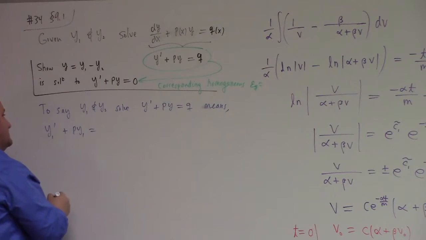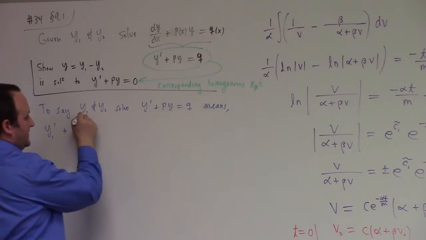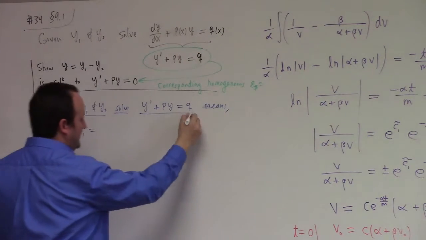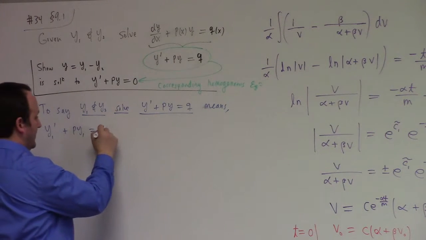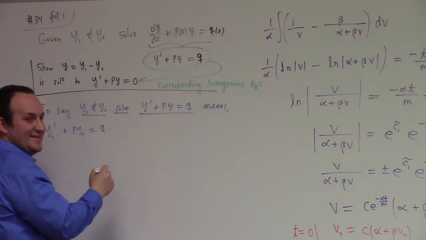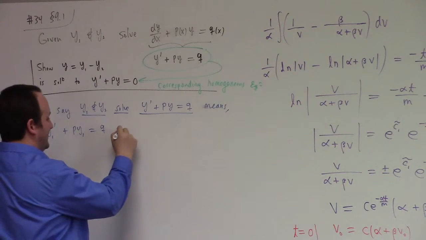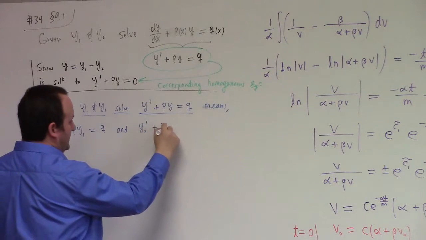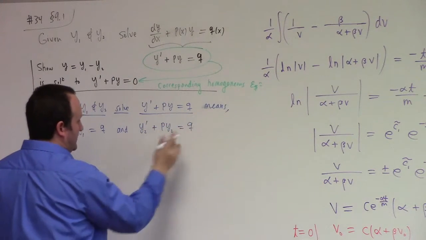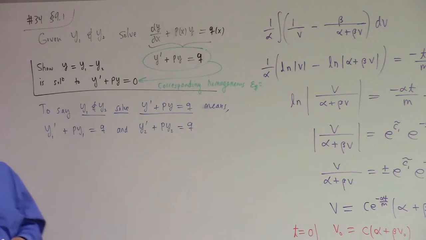These solve this equation. What does that mean? Equals q, right? Same for y2: y2 prime plus py2 is equal to q. That's what it means for y1 and y2 to be solutions.